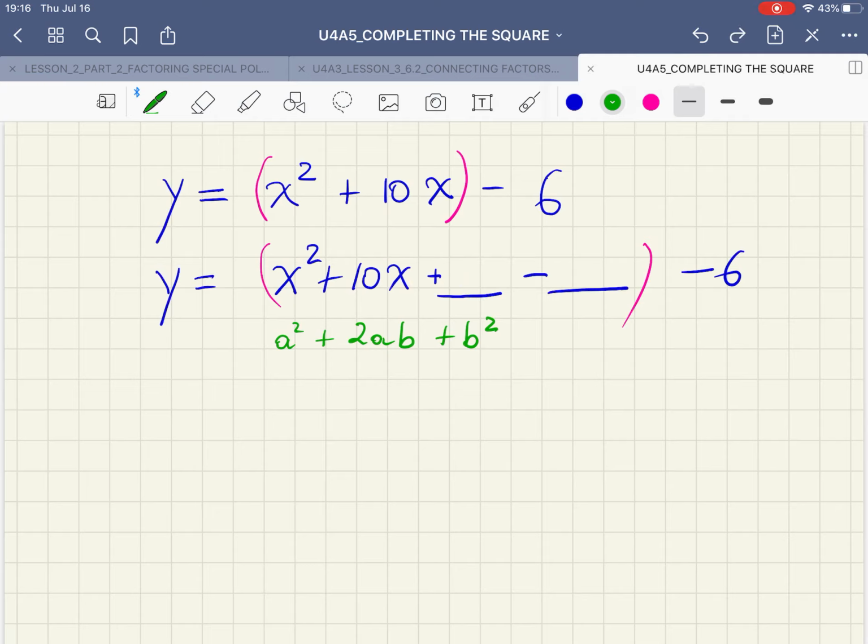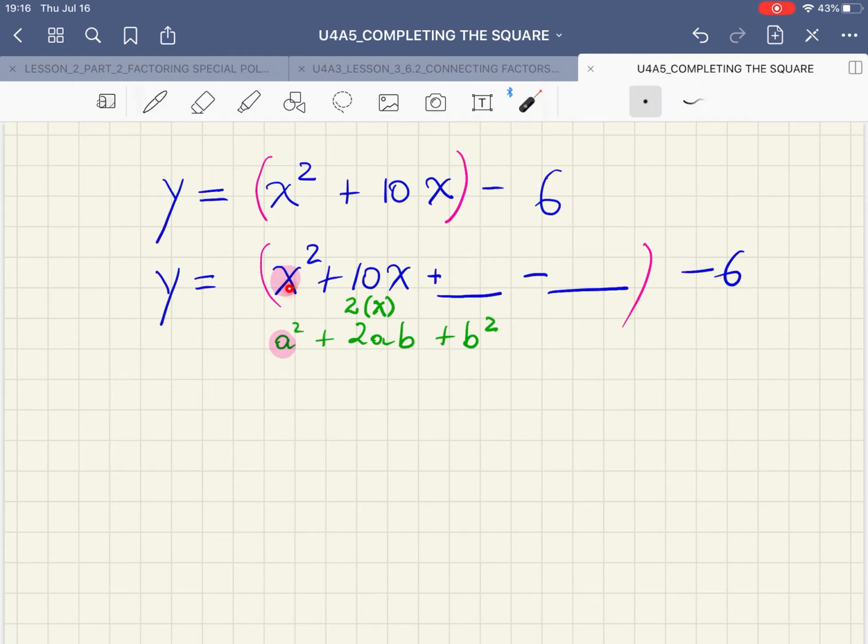So let's discover what our terms are in here. Our a value is x. Now, the next term is 10x, which means that we have 2 times the a value, which is x.